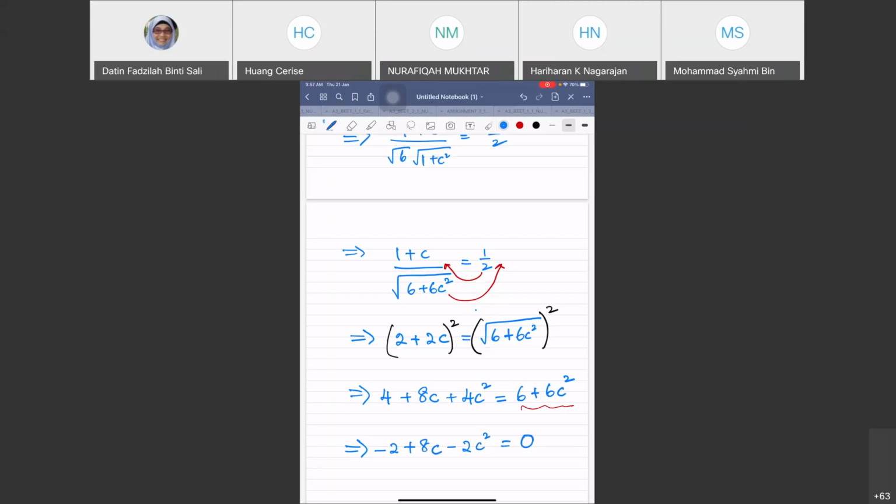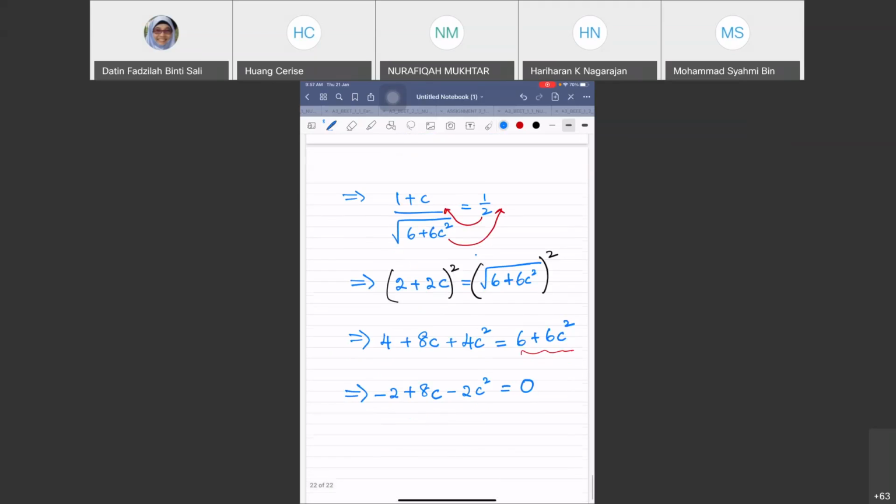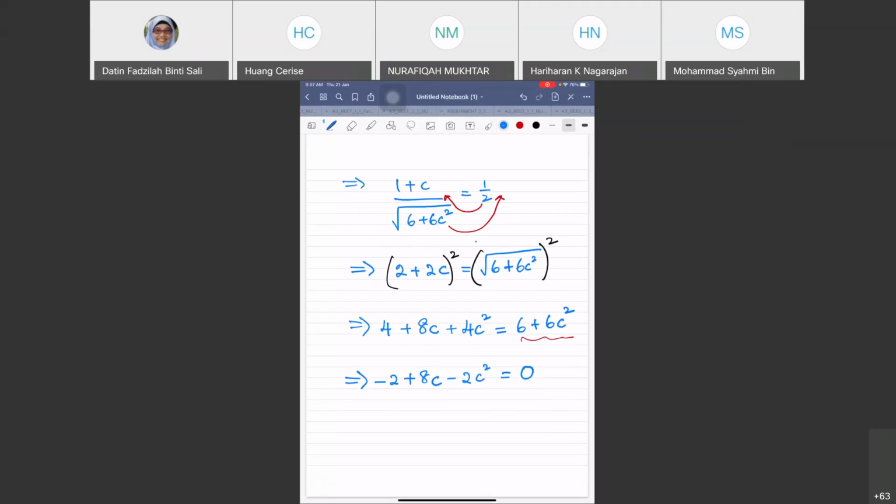Rearrange and write it properly in the form of a quadratic equation, ax squared plus bx plus c, so that you won't get confused. I can also simplify my coefficients, because I have 2, 8, 2, and at the same time I can write the first term as positive c squared.